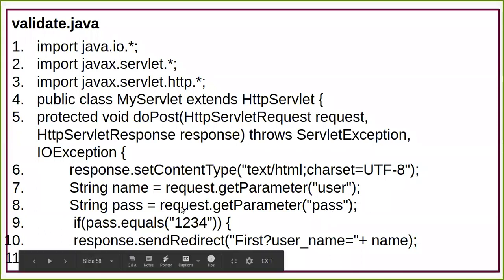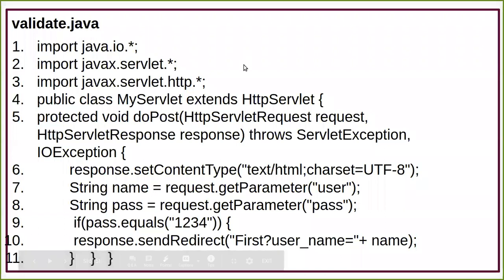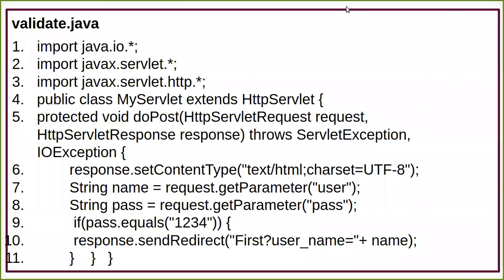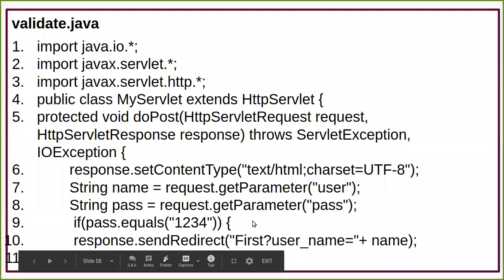But if the password is 1234, then only I have to redirect to another page. Okay, so if I show you here, this is your third page whose name is first.java. So where I have to redirect it, for redirection you have a specific method called sendRedirect. Okay, and you send that with the help of the response object.